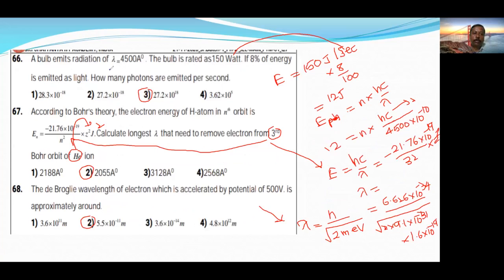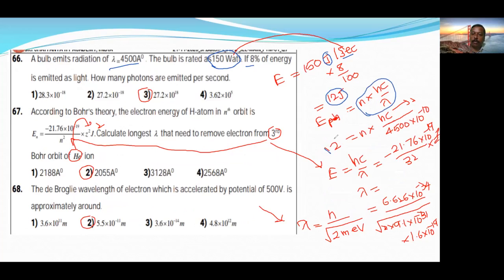A bulb emits radiation of 4,500 angstrom, and it is rated at 150 watt. Actually 150 watt means 150 joule per second, and only 8% of it, that means 12 joules, is converted into energy. Then E is equal to n hc upon lambda.